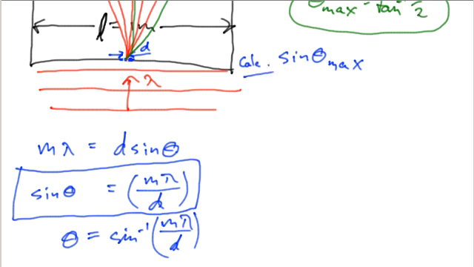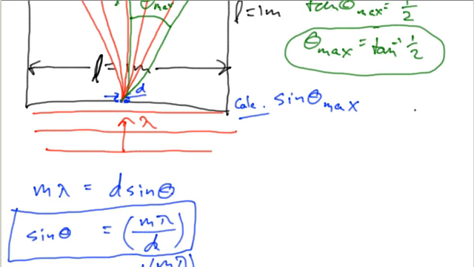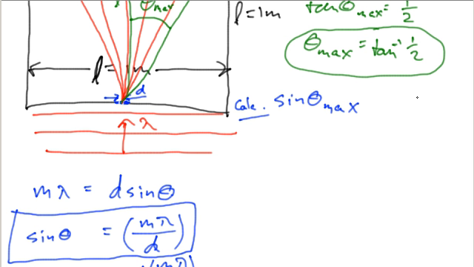Assuming I've already calculated theta max, this is just an evaluation. I'll call that max sine, which equals sine of theta max.